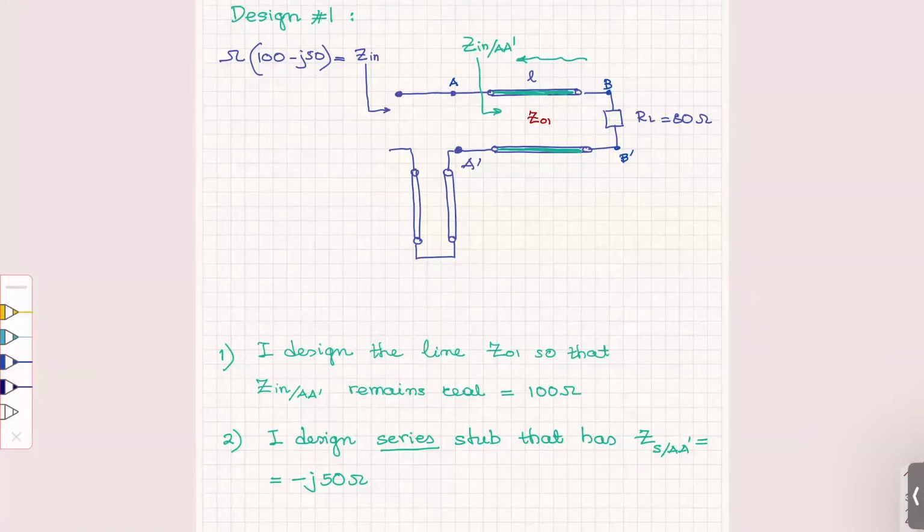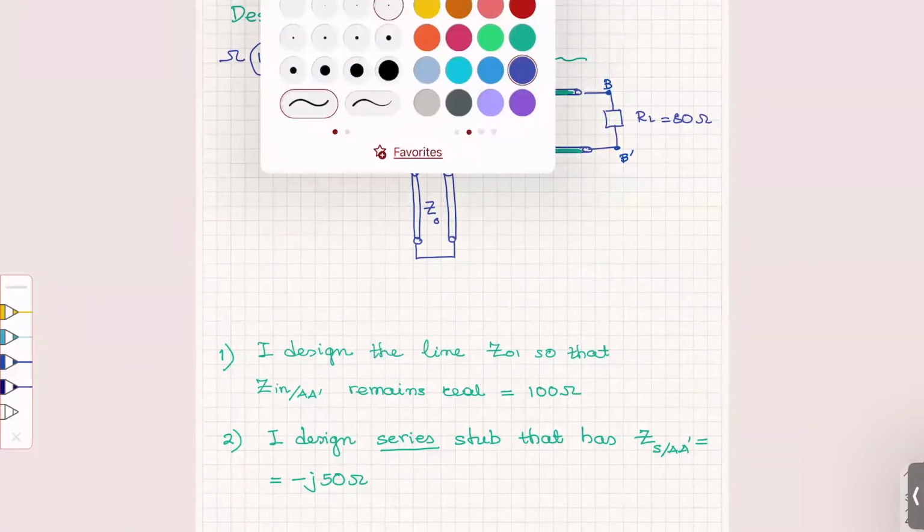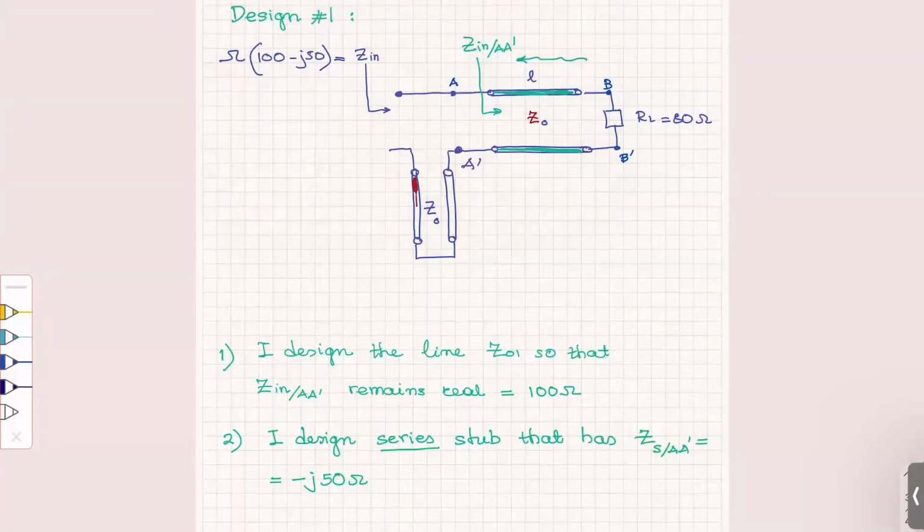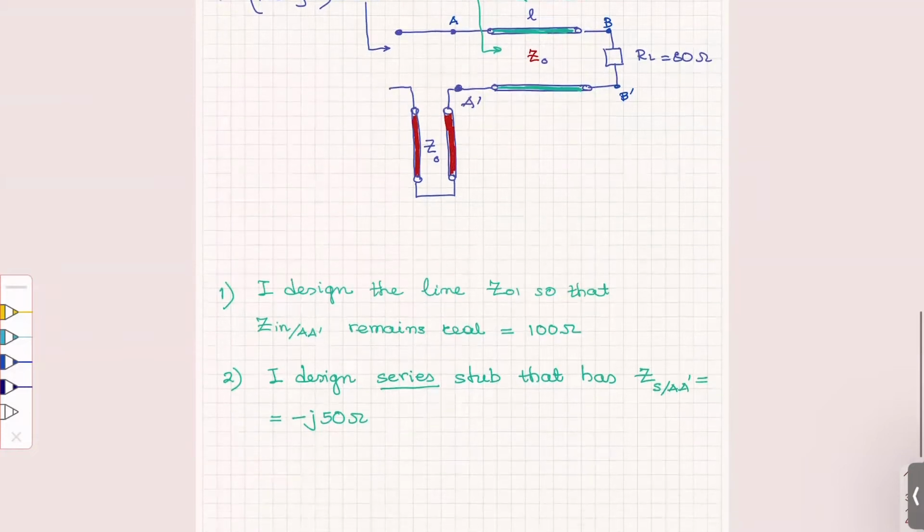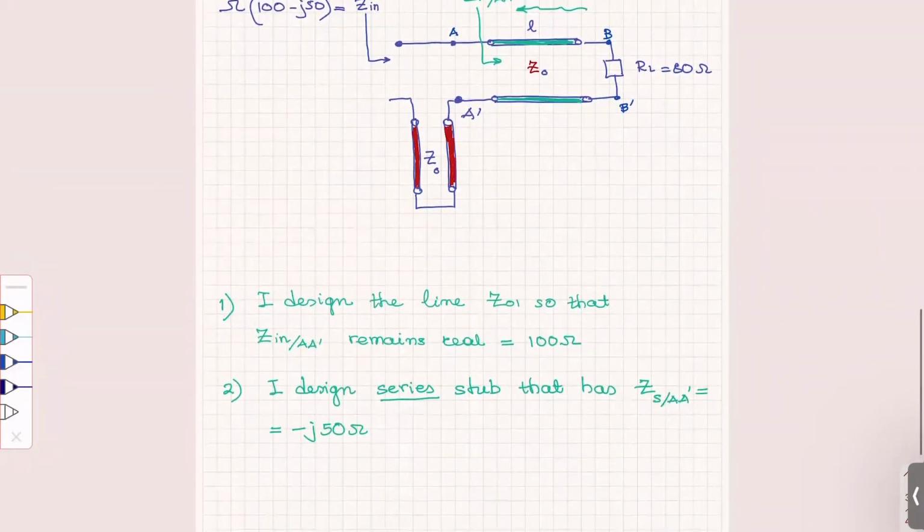I said to assume that Z naught is going to be 50 ohms. It will have 50 ohm line sections, so this one is going to have Z0, and Z0 here. Let's see whether there is one constraint. The constraint the problem has is that the lines have to have a characteristic impedance of Z naught, and Z naught is 50.